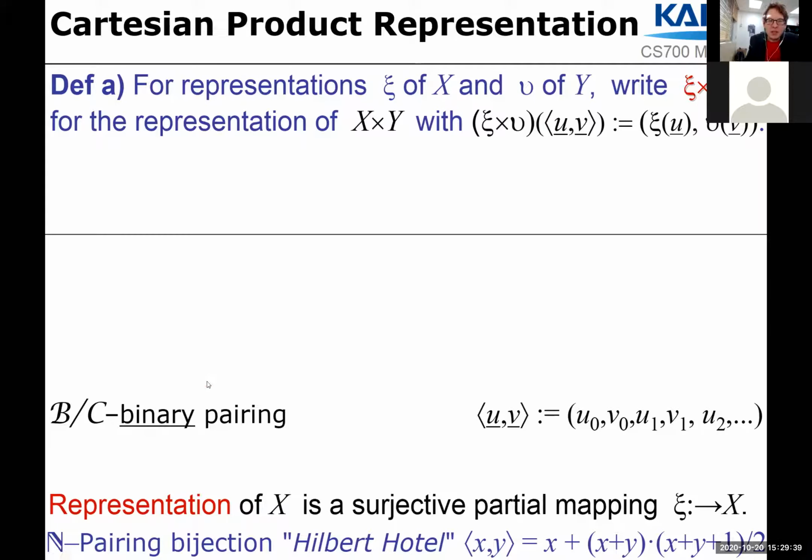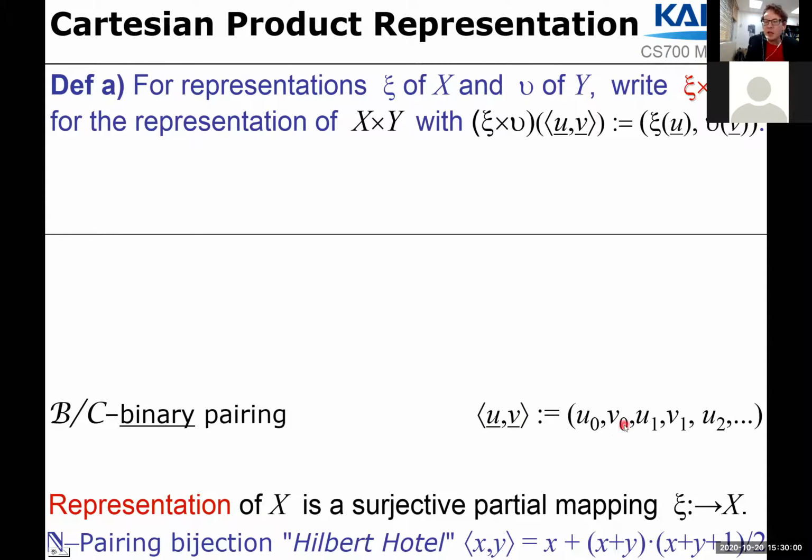Our definition of this product representation again makes use of the pairing function, but now not as a pairing function pairing pairs of natural numbers as in Hilbert's hotel, but here pairing two elements of Cantor space or Baire space. So let's say U and V are both infinite sequences of bits or infinite sequences of integers.